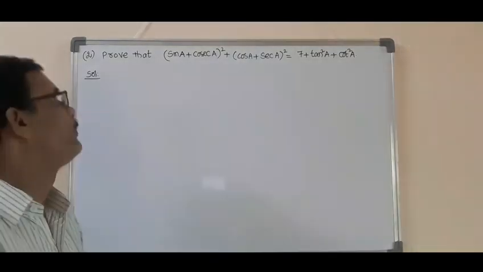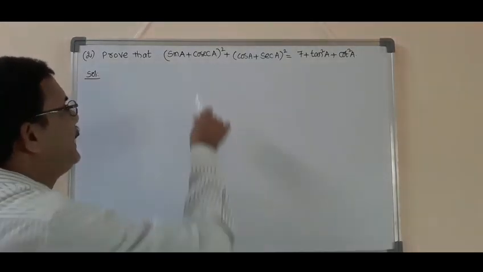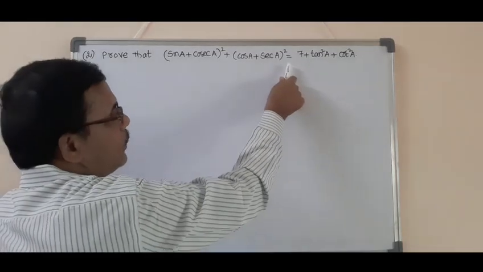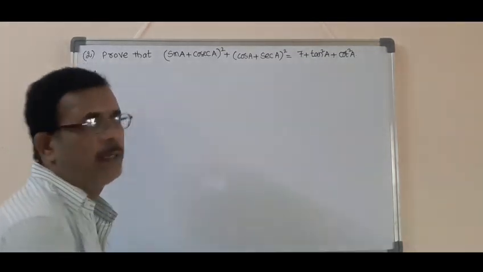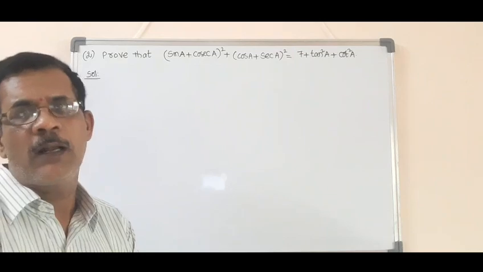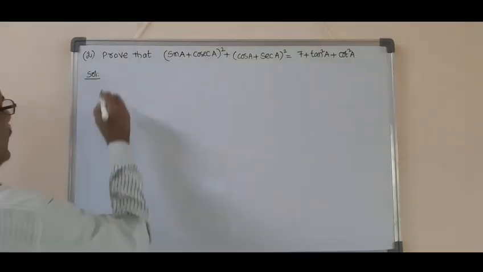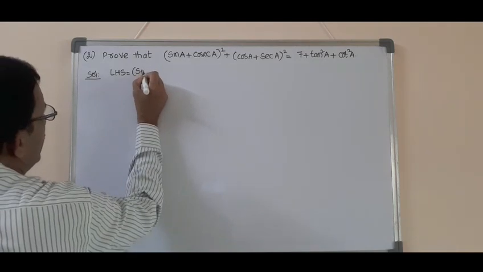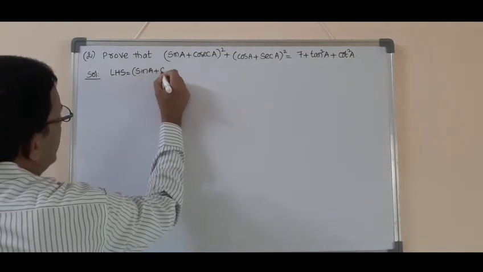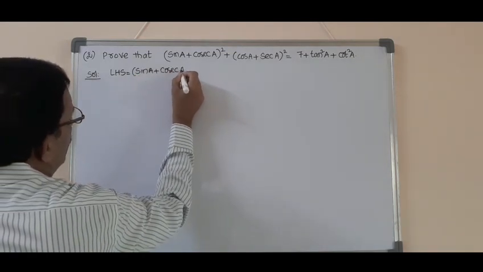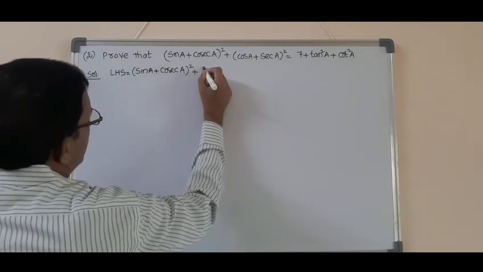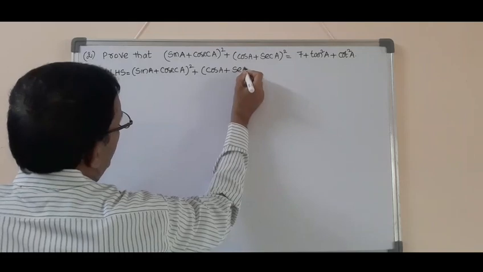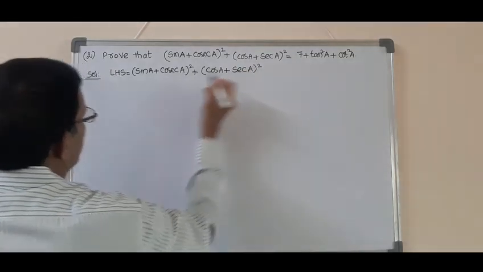Next problem. Prove that (sin A plus cosec A) whole square plus (cos A plus secant A) whole square is equal to 7 plus tan square A plus cot square A. Here LHS is (sin A plus cosec A) whole square plus (cos A plus secant A) whole square.